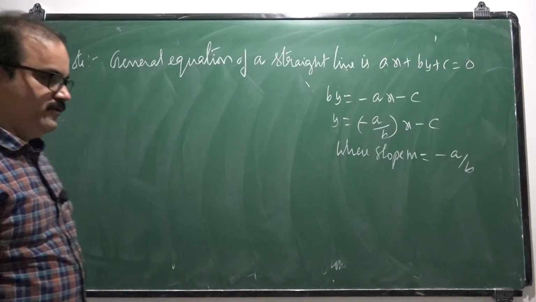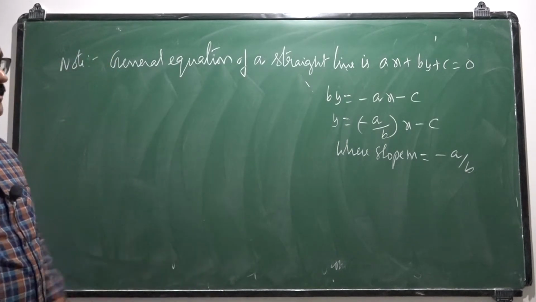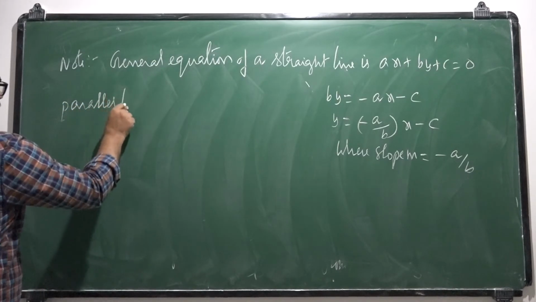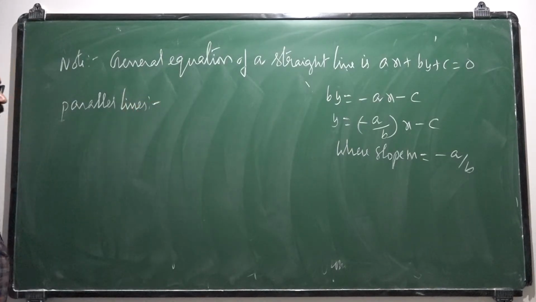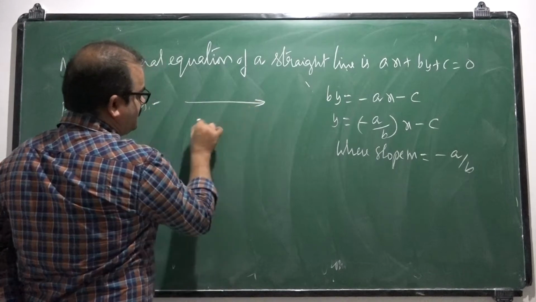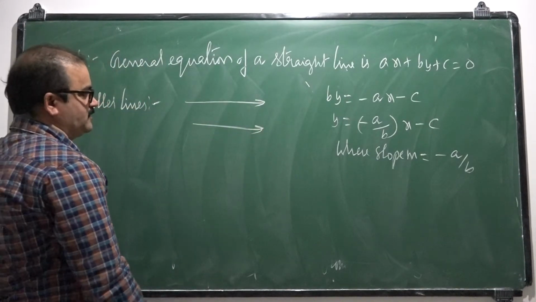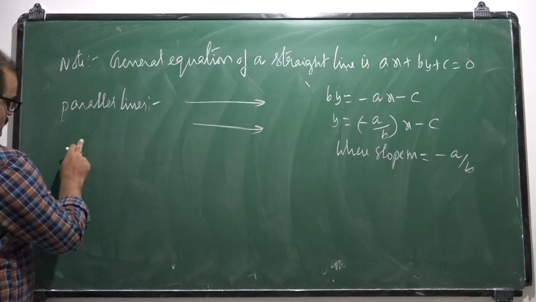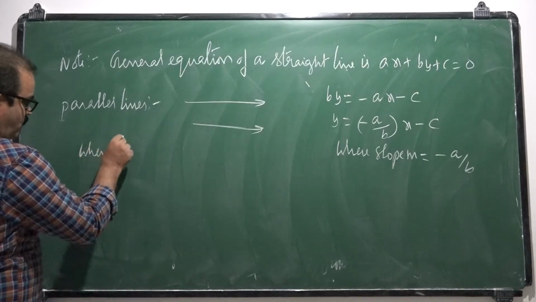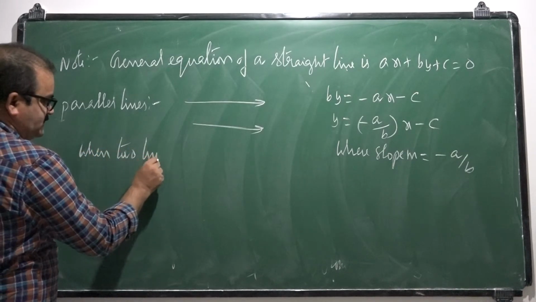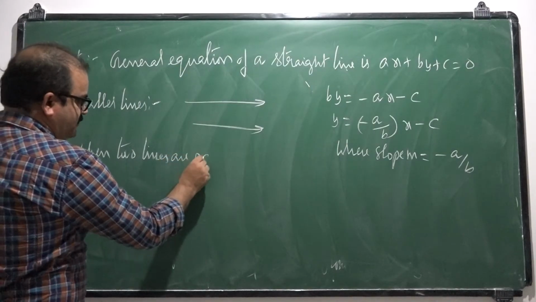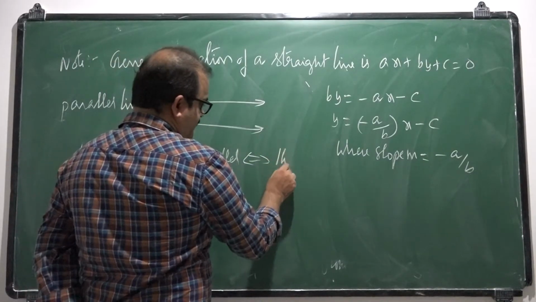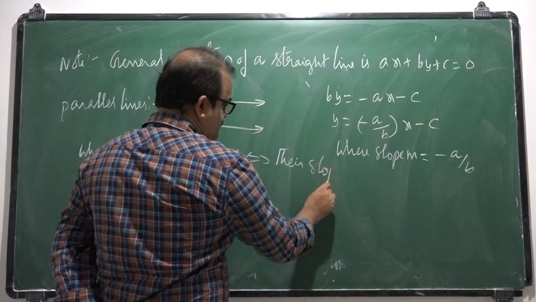Similarly, we discuss parallel lines and perpendicular lines. Two lines are said to be parallel if and only if their slopes are equal.